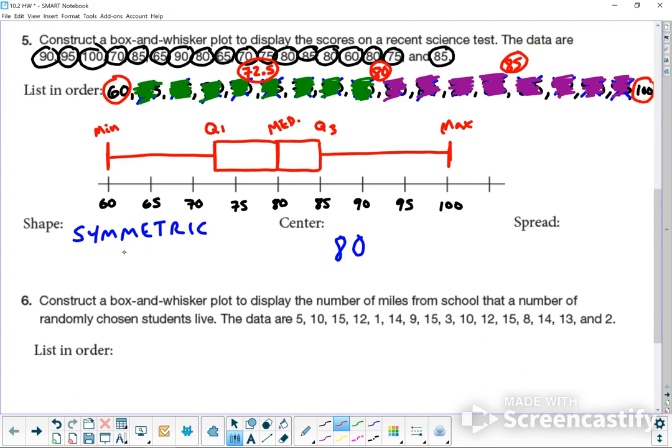So you can say, if you want, I'm not saying you should, but if you want, you can say it's skewed slightly right. Okay? Because it does look like it's a little heavier on this side. It's a little lighter on this side.